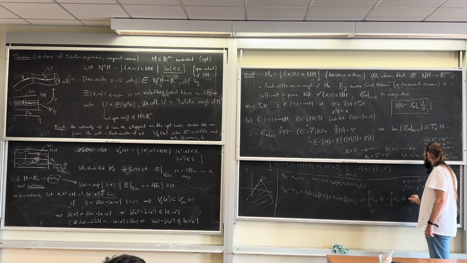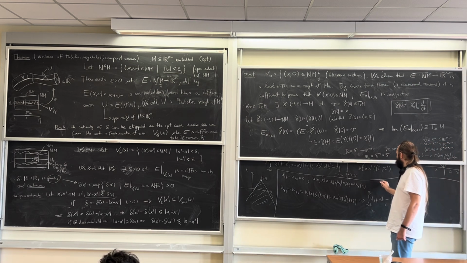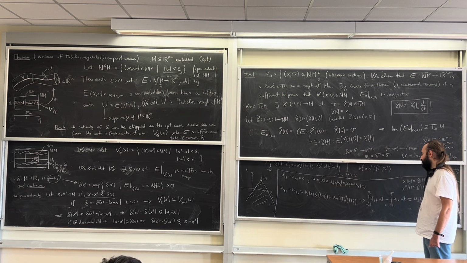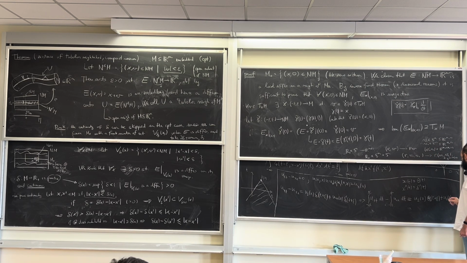It equals u1 of x Heaviside theta of tau plus epsilon, plus u0 of x delta function of tau plus epsilon, right?